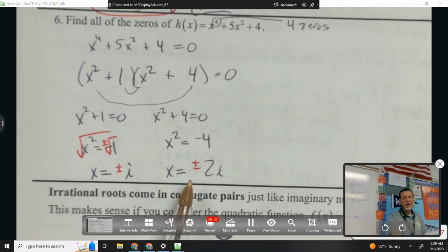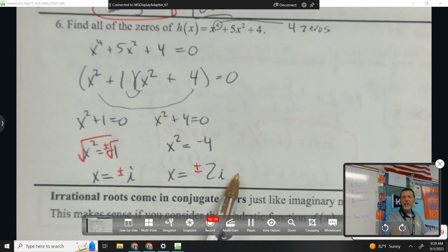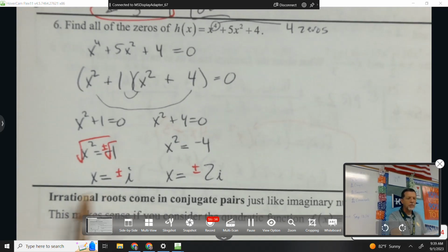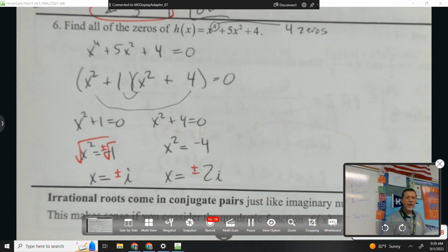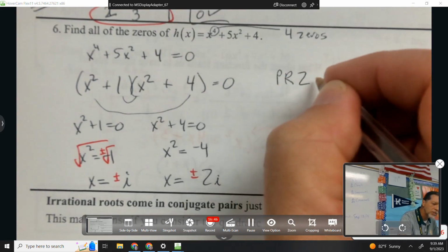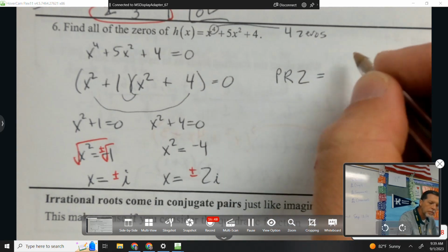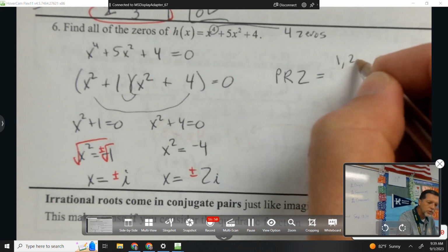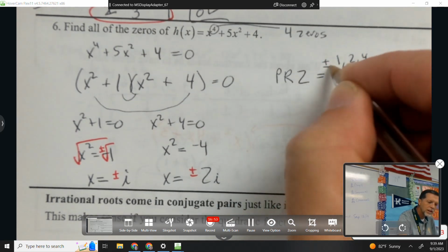So a couple of comments here. First, how many answers is that? 4, because you got plus or minus on both of them. So I found all 4. Phrase it this way. If we had done possible rational zeros, that would have been 1, 2, and 4 over 1.